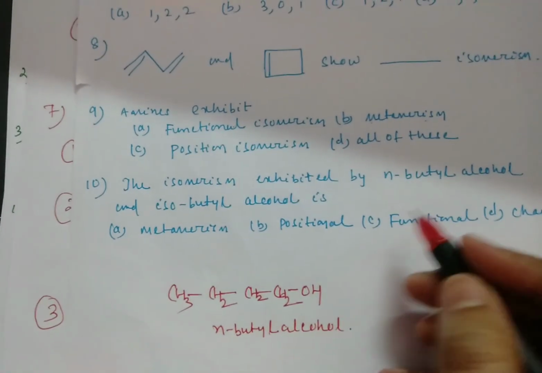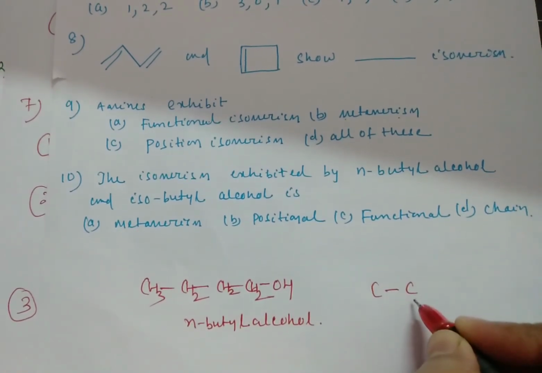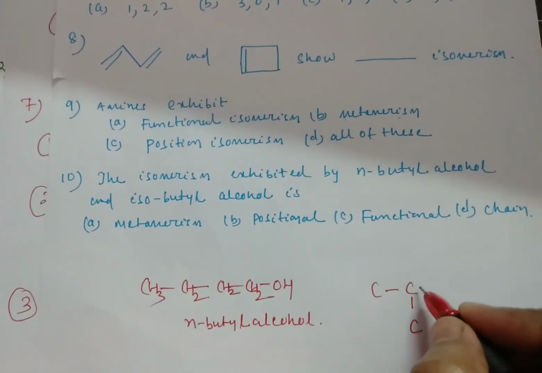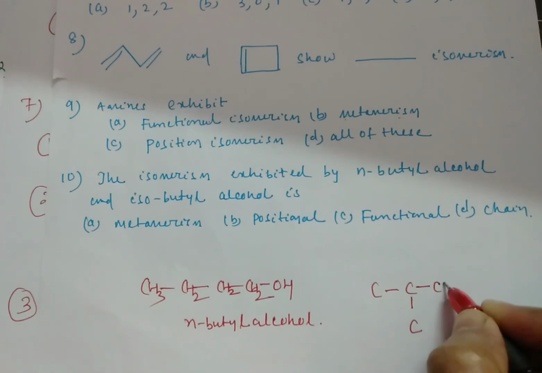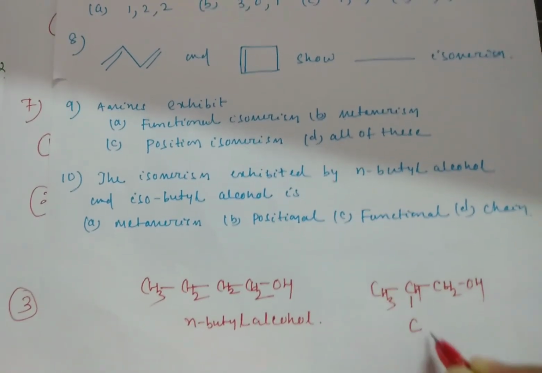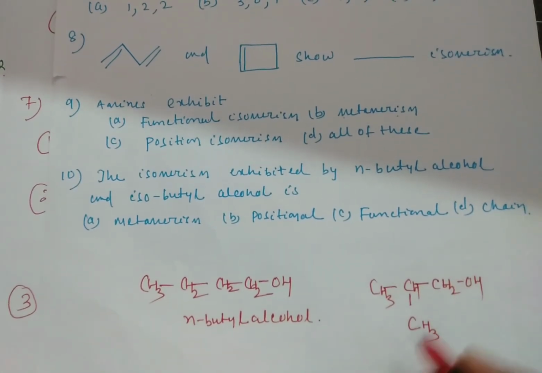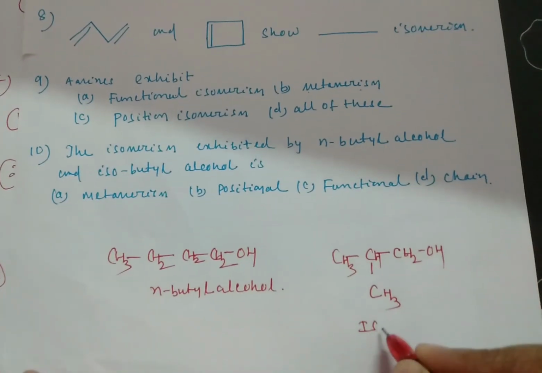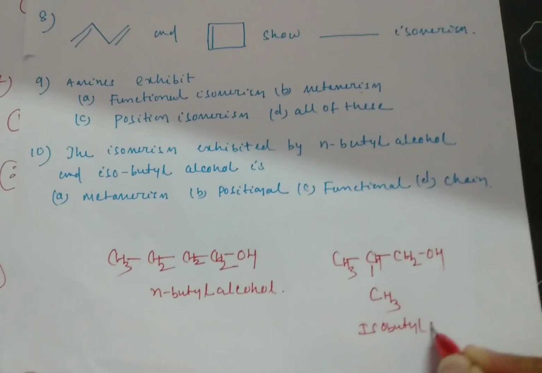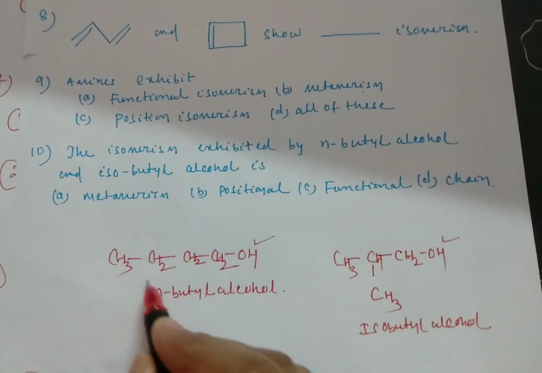Now another is isobutyl alcohol. How can I write the iso form? This is your isobutyl alcohol. Both have the same functional group, only they differ in the carbon chain length.